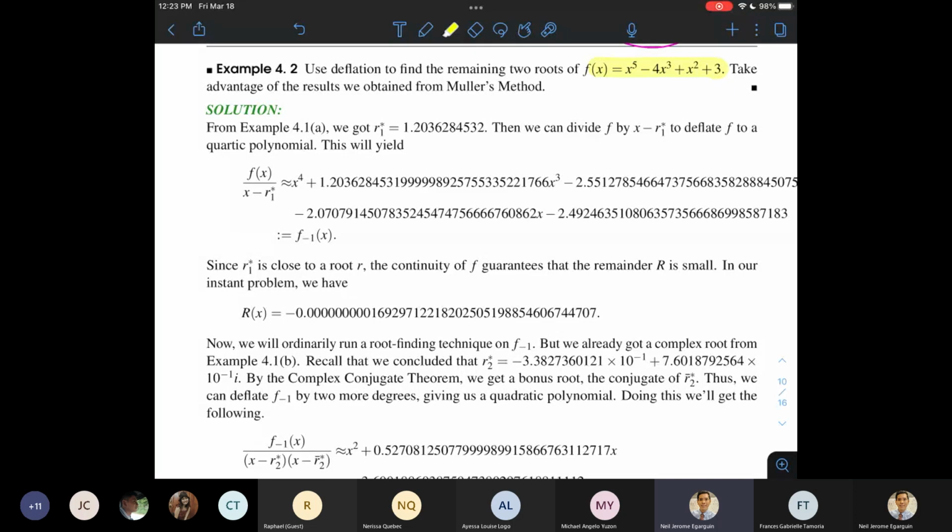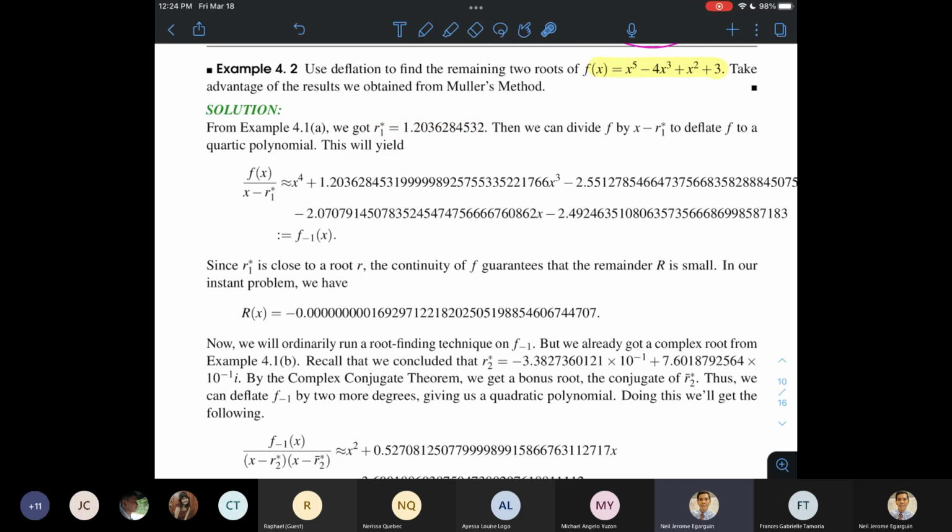Because the fundamental theorem of algebra tells us na meron dapat 5 roots tayo makukuha, 5 complex roots up to multiplicity. Okay? So from example A, nakuha natin yung R1 star to be this guy. Okay? Yan yung una nating estimate para dun sa root.